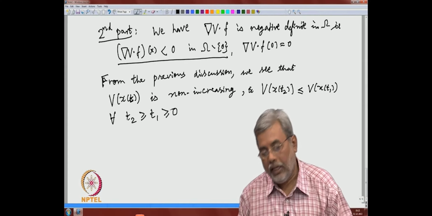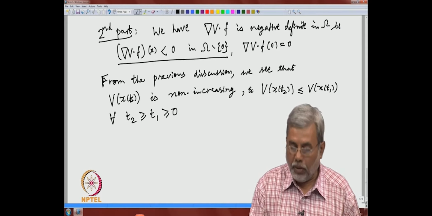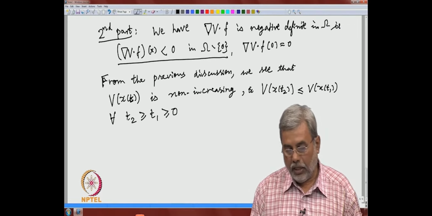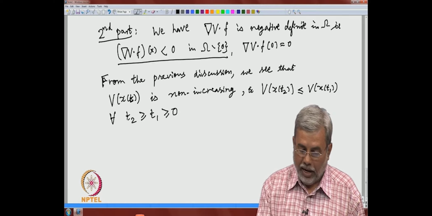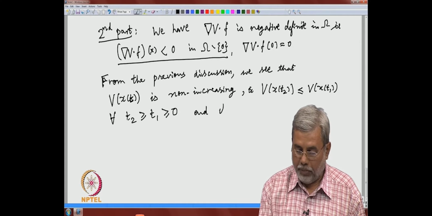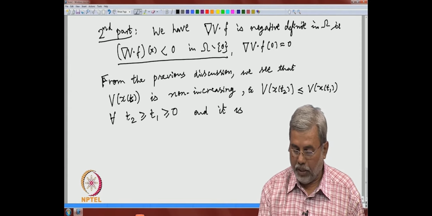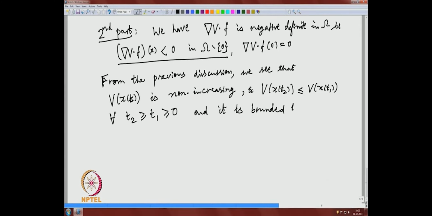So, we are just concentrating on that positive orbit where this composite function is non-increasing and bounded below. Why bounded below? Because that is our assumption, it is bigger than or equal to 0. Okay.